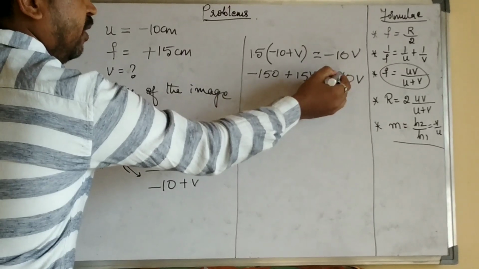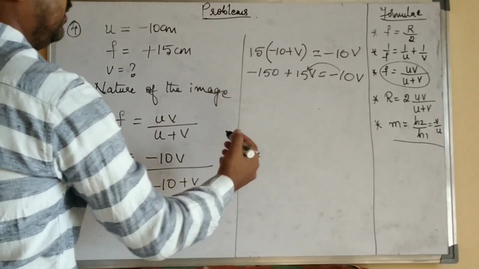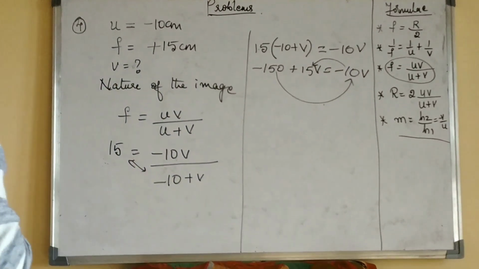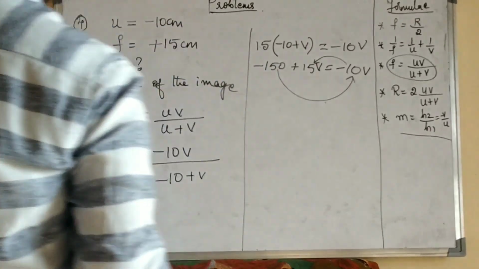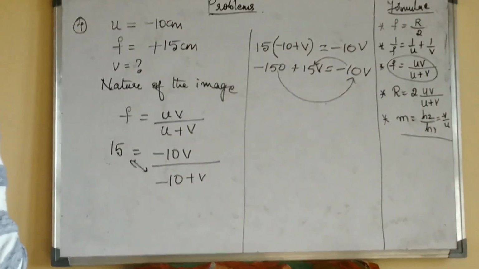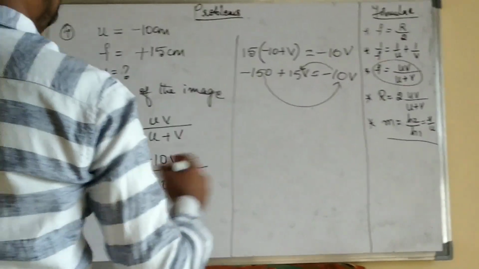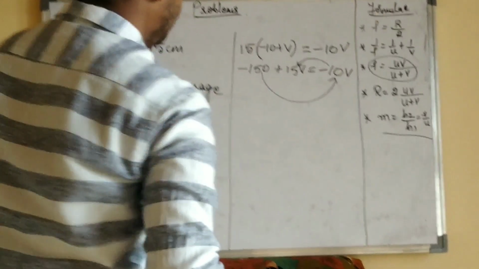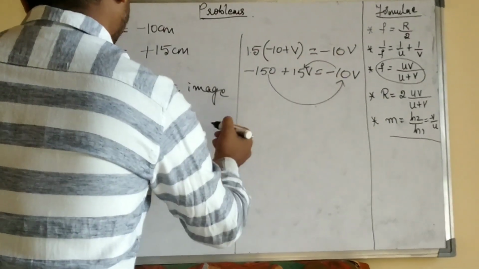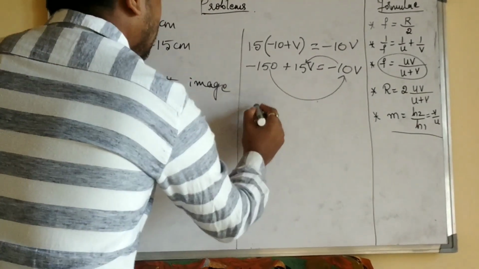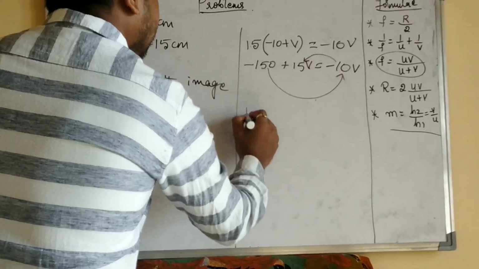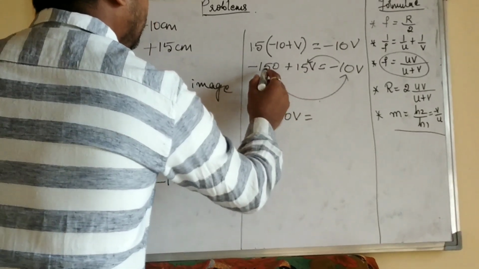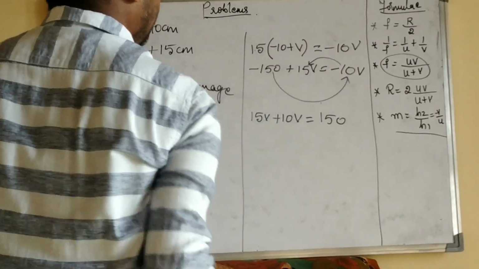Bring this minus 10v to this side, then take this 150 to that side. So minus 150 plus 15v is equal to minus 10v. So you will get 15v plus 10v is equal to plus 150.